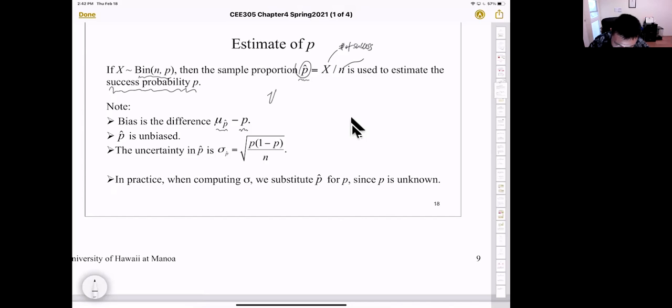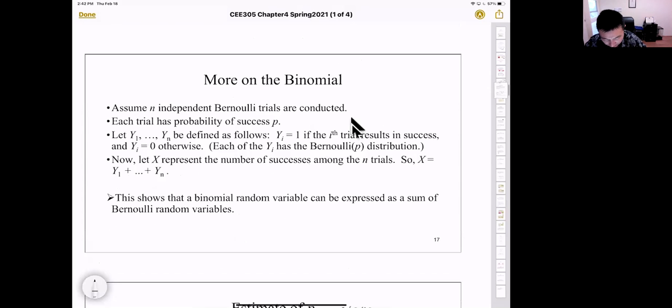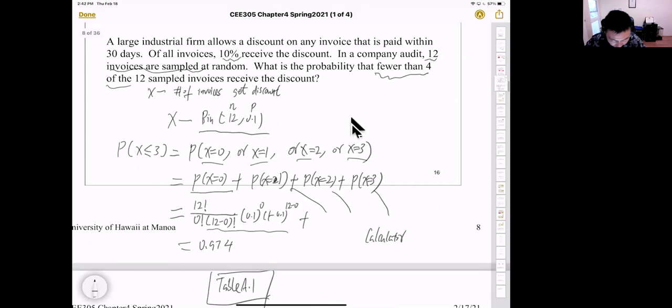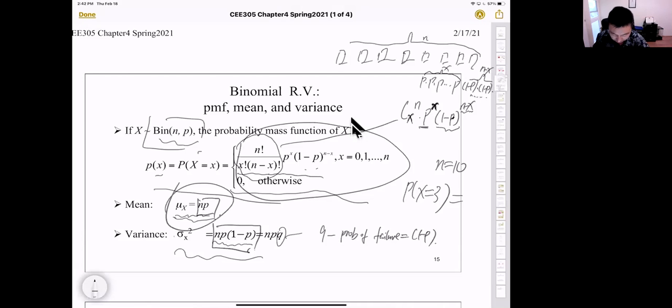And let's calculate the mean value of the sample proportion. That is equal to the mean value of x over n. Because n is a constant, that will become mu x over n. And mu x for binomial distribution is equal to np, as we see from here.